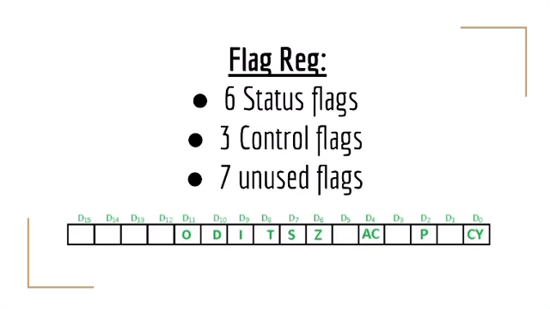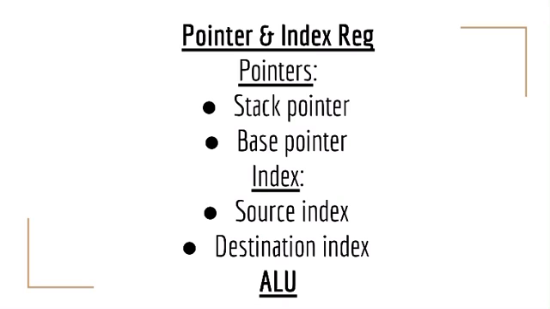Next we have the ALU. This ALU is a 16-bit ALU, and it performs both 8-bit as well as 16-bit operations. That means it can perform arithmetic and logical operations in 8-bit as well as 16-bit.